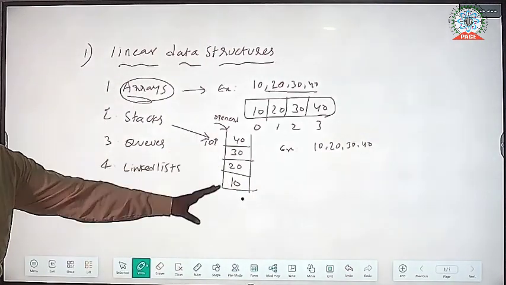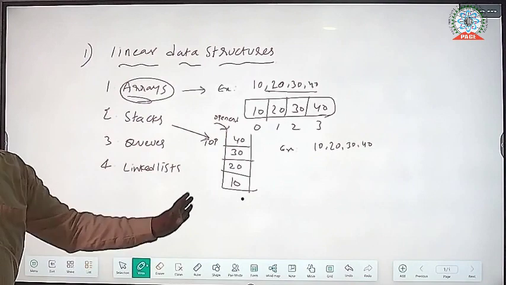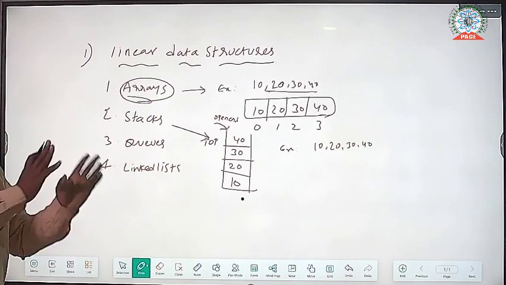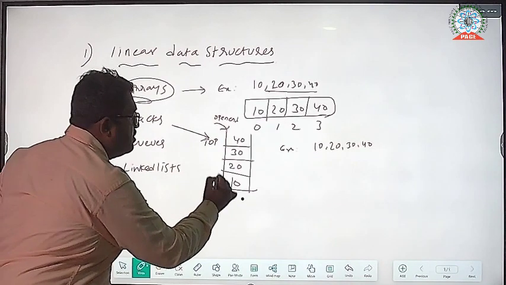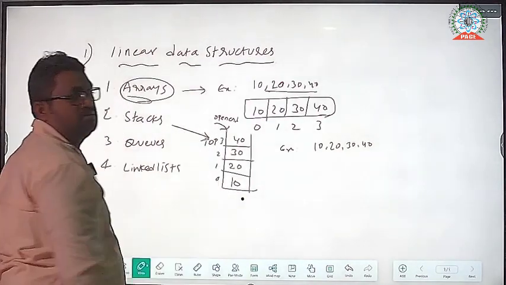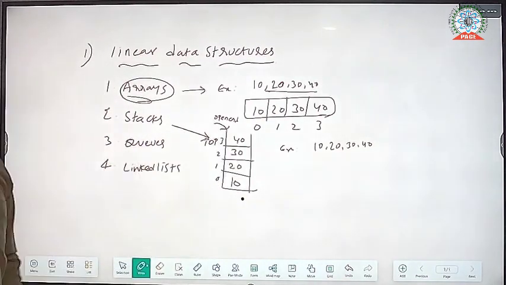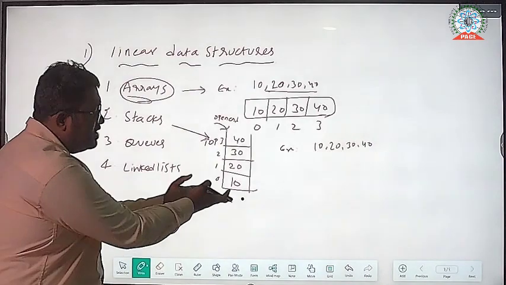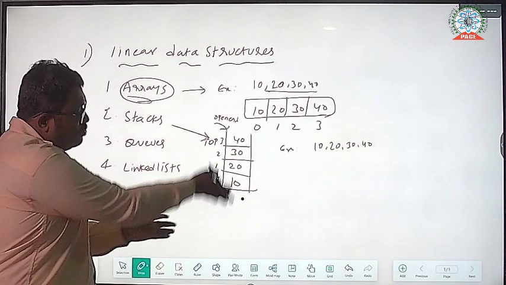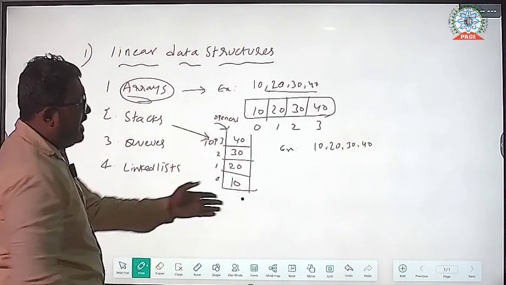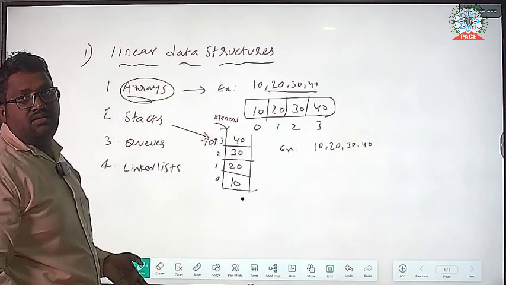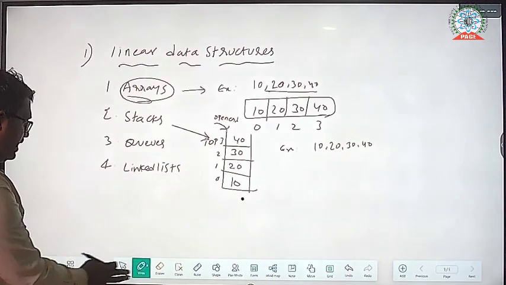Sir, how did you arrange all these elements? I will explain clearly, but for understanding only I am giving this example. The stack arrangement should be like this. Here also the arrangement should be in a linear way.